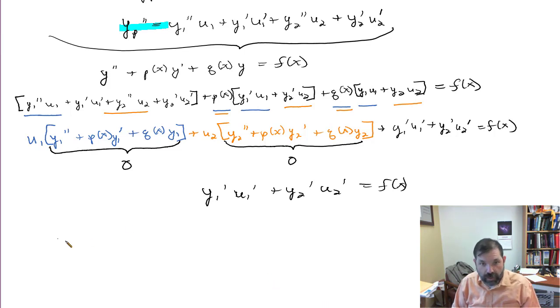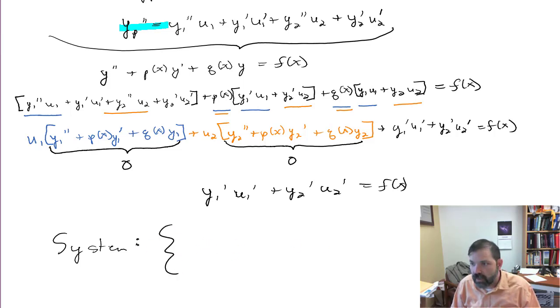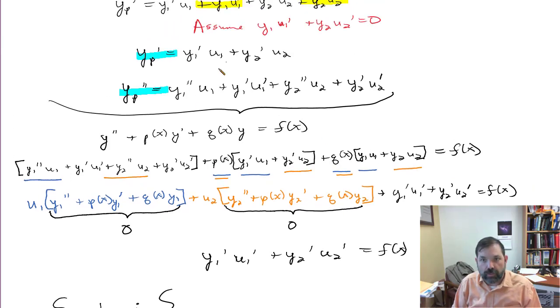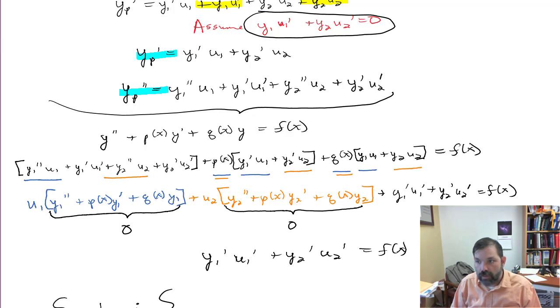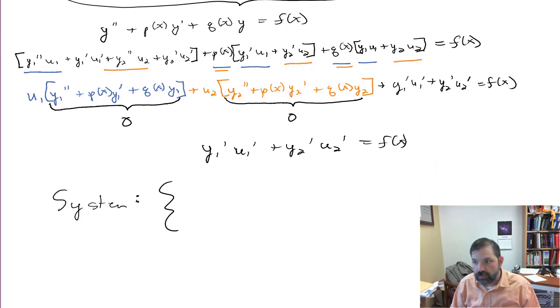So again, the system then becomes, remember we made an assumption earlier. We said, let's assume, and I think I assumed it in red, right? In red, we made this assumption, that y1 u1 prime plus y2 u2 prime is 0.